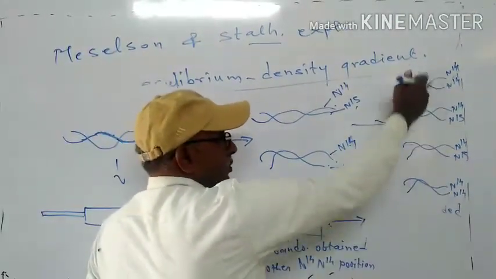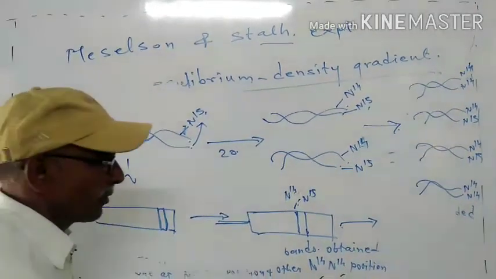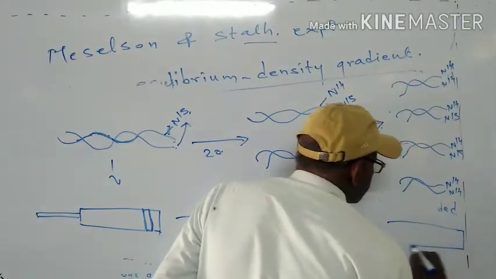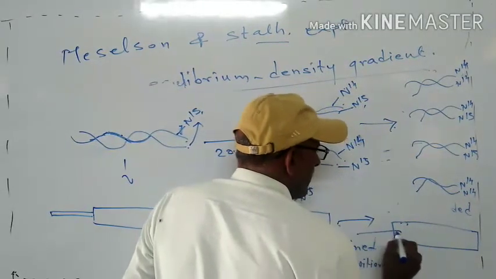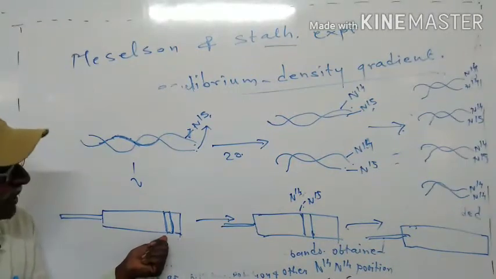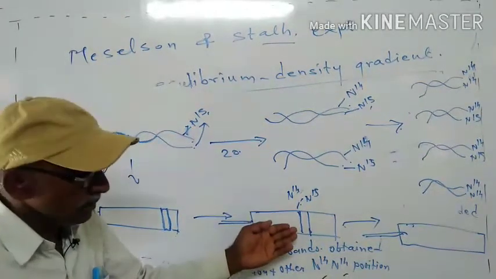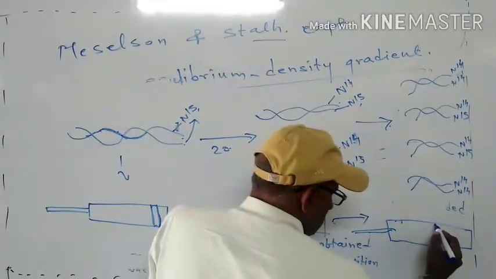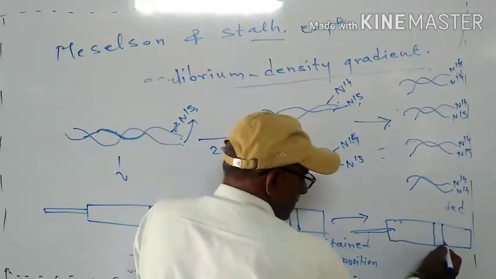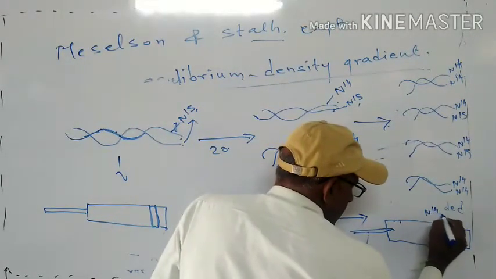Two are hybrid, two are not hybrid, they are normal ones with light nitrogen, and in this step we get two bands. Now you have seen this is near the base, this is forward of the base, near the middle. This position is completely the same, and this is of N14 and N15.